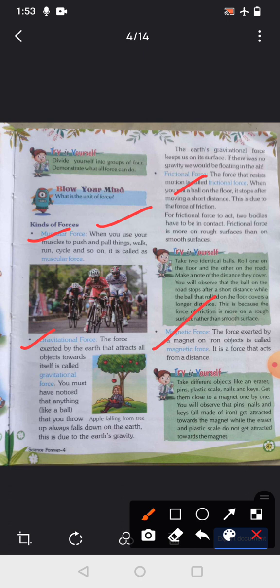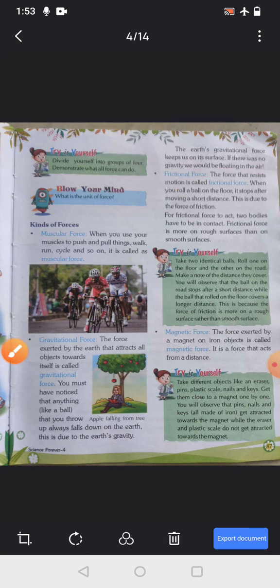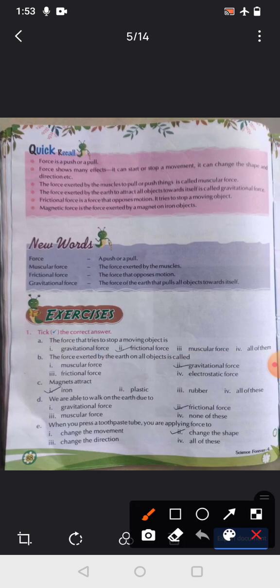Number two is gravitational force, the force of the earth that pulls all objects towards itself, right? Number three is frictional force, the force that opposes motion. And the last one, magnetic force, the force exerted by a magnet on iron objects, right? So this was the explanation of the chapter, and new words also I have given you in the homework.